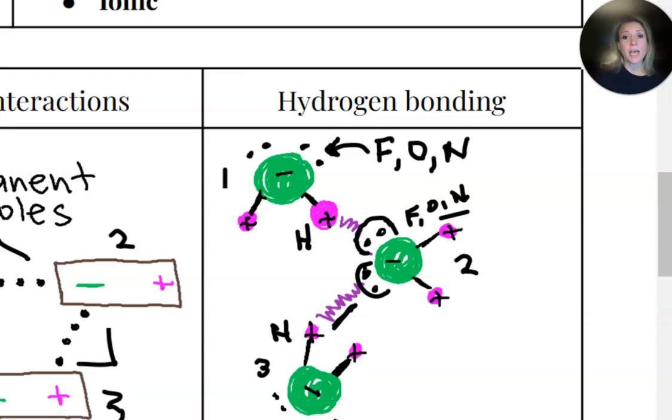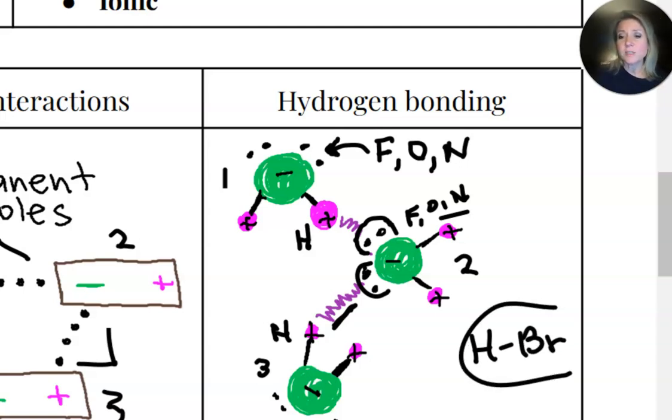If it's attached to anything else, like HBr, for instance, then this would not undergo hydrogen bonding. Is my hydrogen attached to FON? No, it's attached to Br, so it doesn't count as a molecule that could undergo hydrogen bonding.